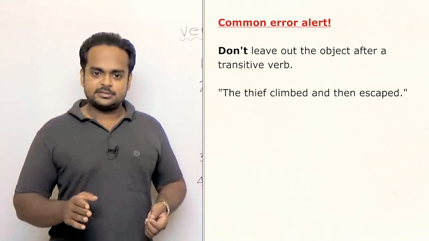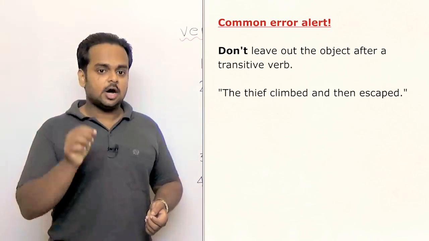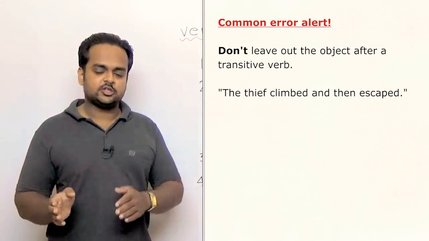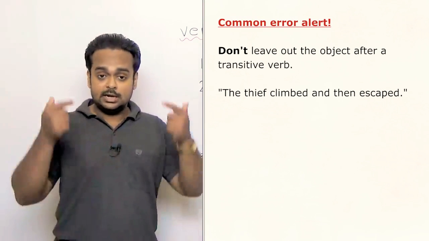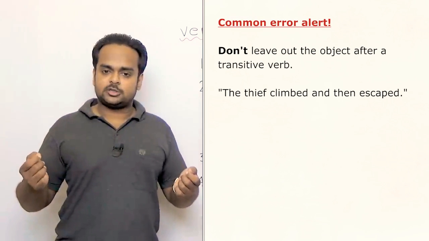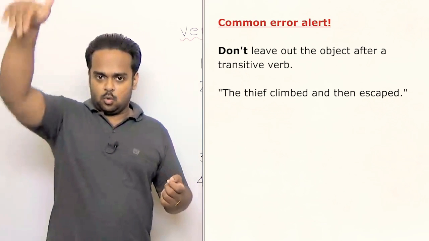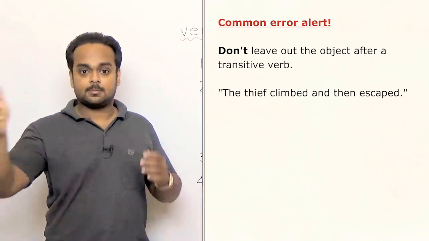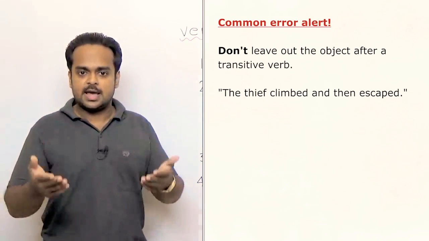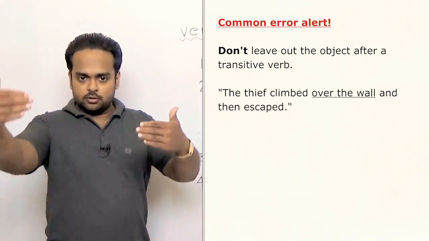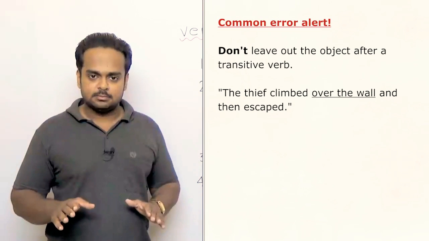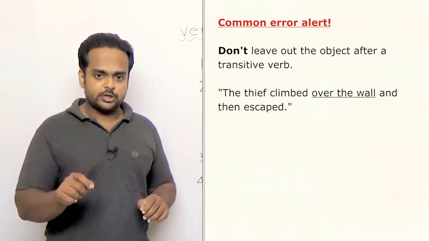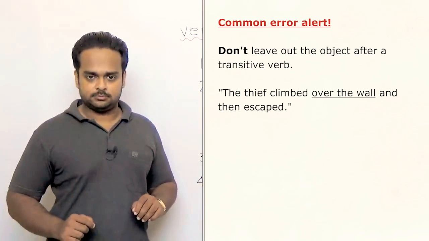Well, the mistake is that the verb climb is a transitive verb, and you need to say climbed what? You need to say an object. Now, in your mind, you might have a picture of a thief climbing over a wall and then running away. But you need to say that. You need to say, "The thief climbed over the wall and then escaped." So don't make that mistake of leaving out the object after a transitive verb.